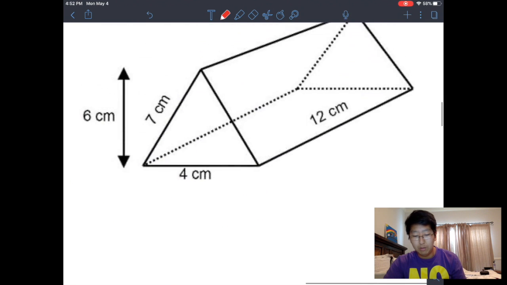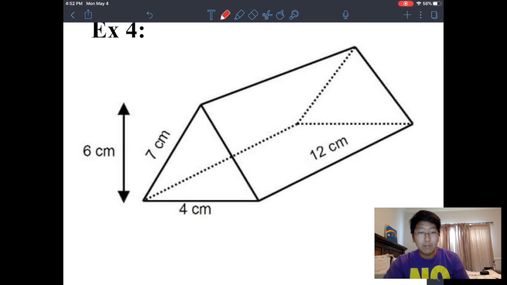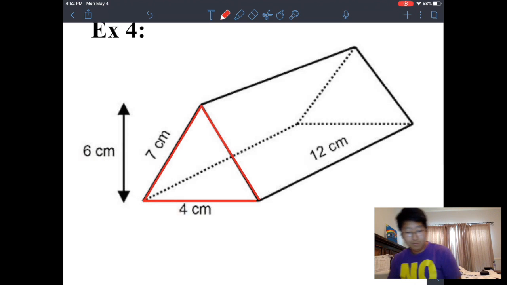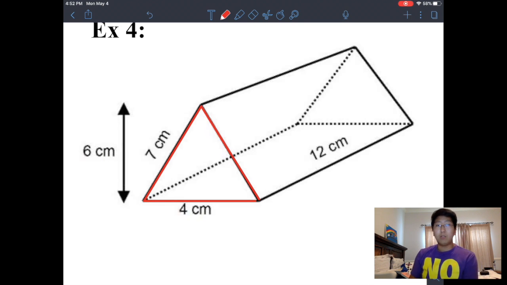Let's do the same here. We need to find the area of the base, which is going to be the triangle. So here, we need to find the area of this triangle. Now, what's the base of this triangle?